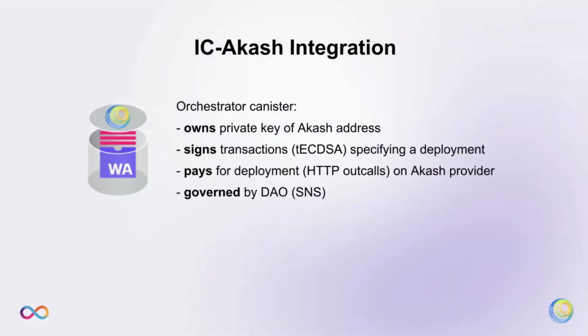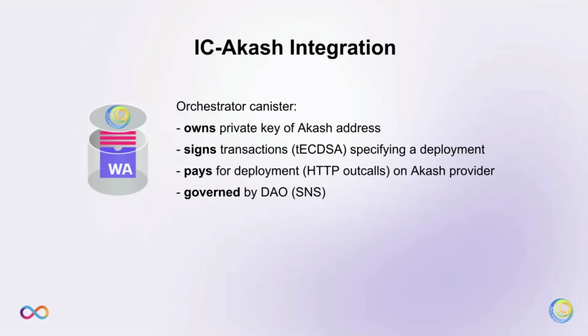What our orchestrator canister does is basically interacting with the Akash network. And it does so thanks to the threshold ECDSA feature of the Internet Computer and also the HTTP outcalls.